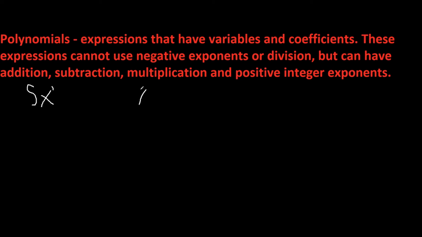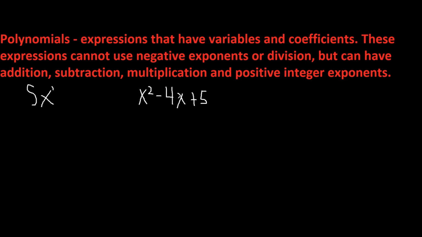If we had an expression like x squared minus 4x plus 5, we could also classify this as a polynomial because if we look at each term, in our first term we have x squared, and of course here we have our positive integer, which is 2, and in our second term it's negative 4x, and we're using multiplication here.